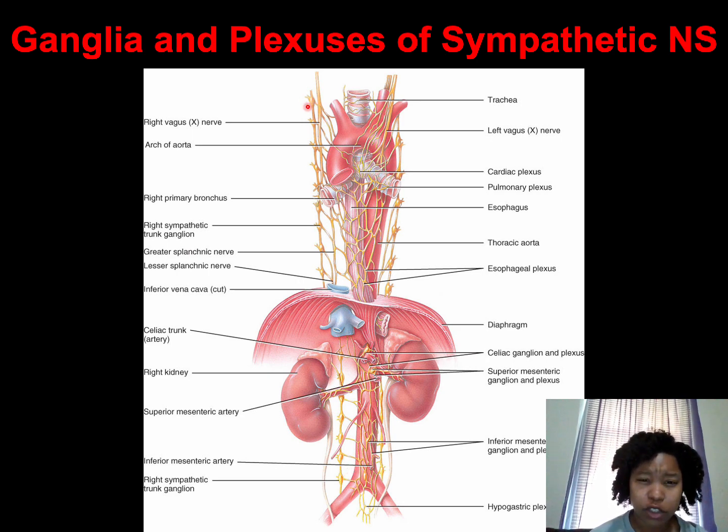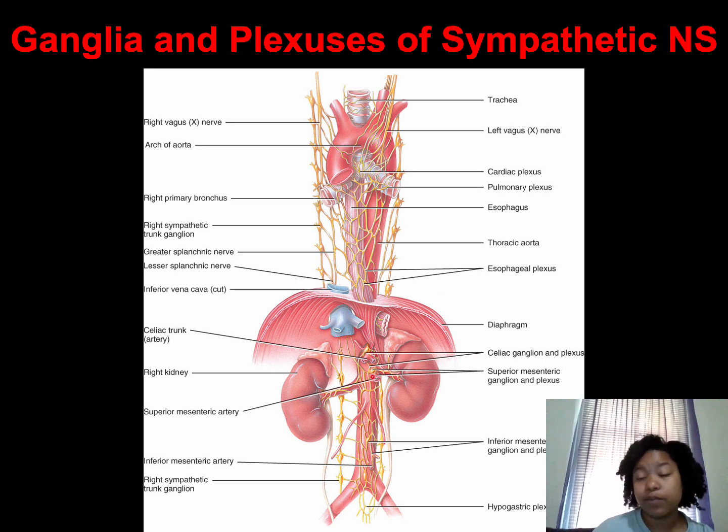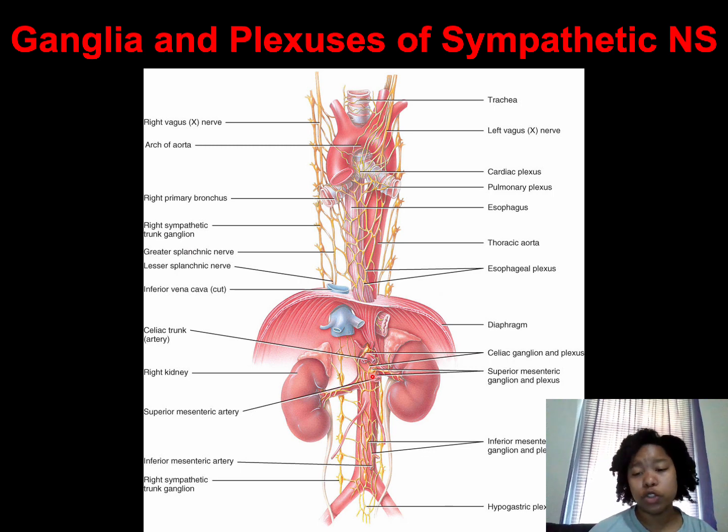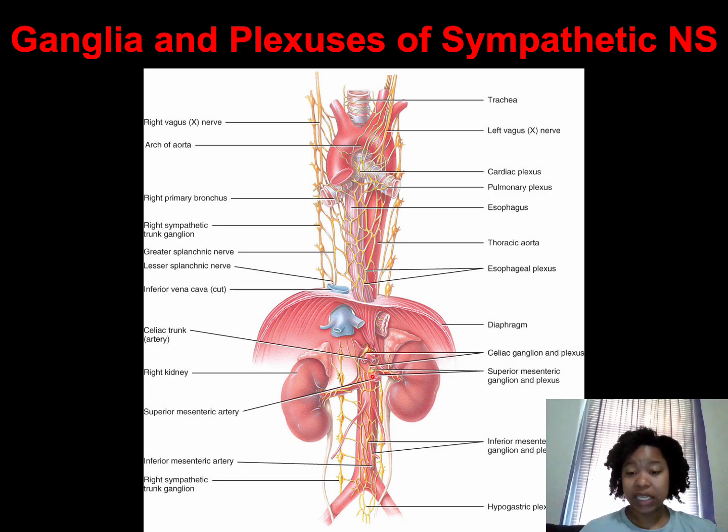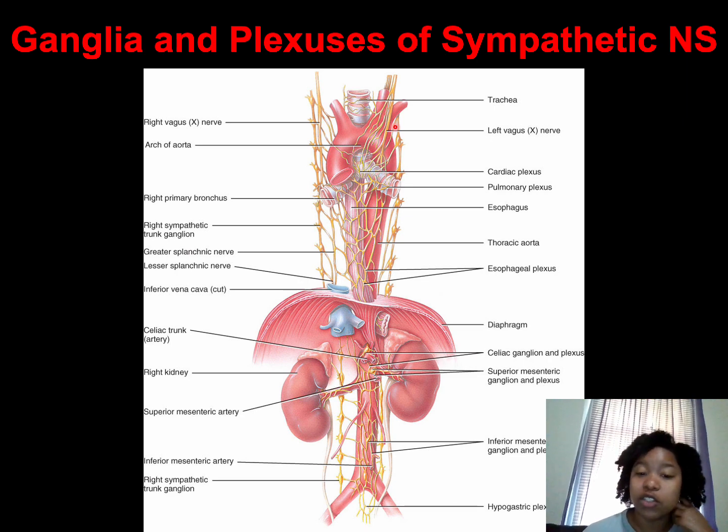And all these little circles right here are small ganglia before you reach bigger parts, right? So you'll see labeled in here your greater splanchnic nerve, your lesser splanchnic nerve running up against it. A lot of this is, I won't say easier to see, but better to interpret when you do the actual dissection and can look inside of the animal and really appreciate where those nerves actually are. But these are the plexuses and ganglia of all the nerves interconnected in order to be able to work with each other here.